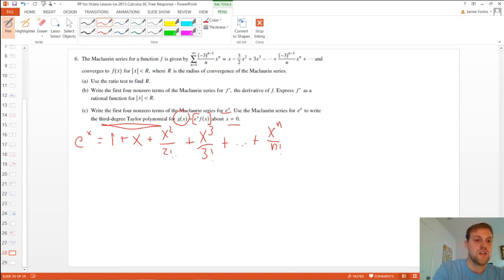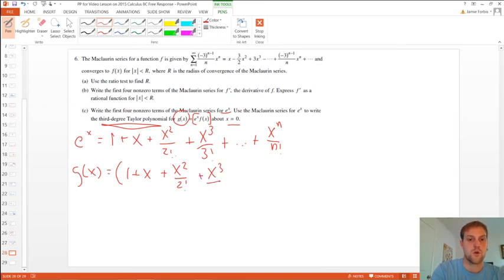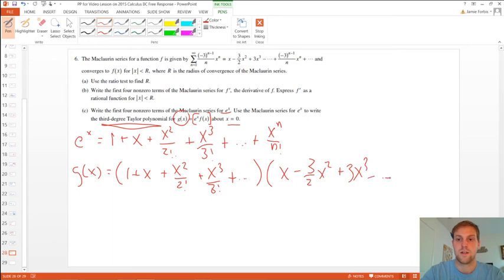So g of x is equal to 1 plus x plus x squared over 2 factorial plus x cubed over 3 factorial plus dot dot dot. It's equivalent to this e to the x times f of x, which is x minus 3/2 x squared plus 3x cubed dot dot dot on forever. Okay, so that's what g of x represents.